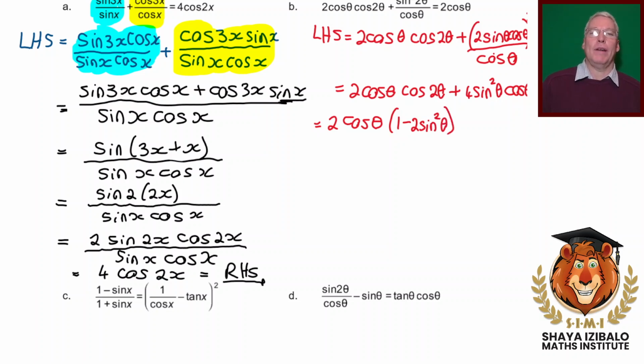Okay, so understand what we've done. We've taken this and we're replacing it with this. How did I know to take that one rather than one of the other ones? Because I'm going to get some negative sine squared thetas, and I don't want any sine squared thetas in the answer. Okay, so this is plus 4 sine squared theta cos theta.